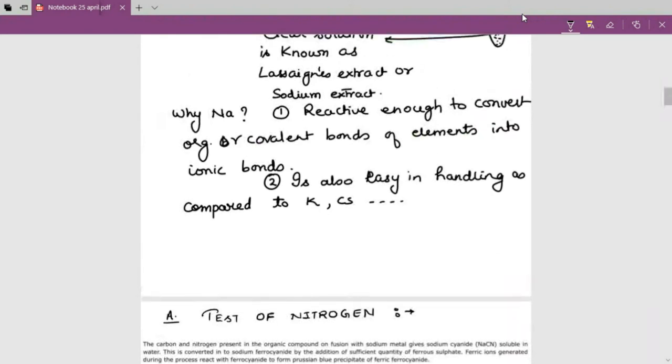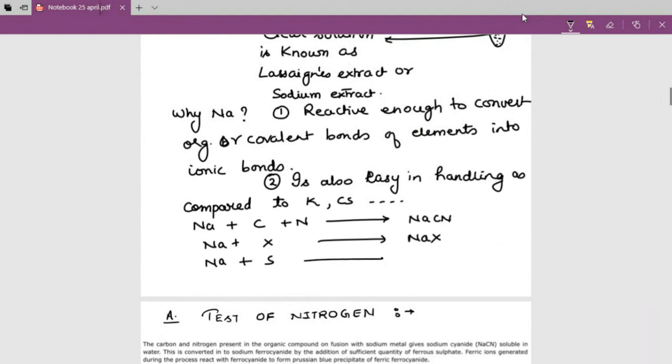Inside this particular reaction, sodium, carbon was present. Nitrogen was present. Then there will be formation of NaCN. If it was having halogen, then there is presence of NaX. If there is sulfur plus nitrogen, then it is NaCNS.